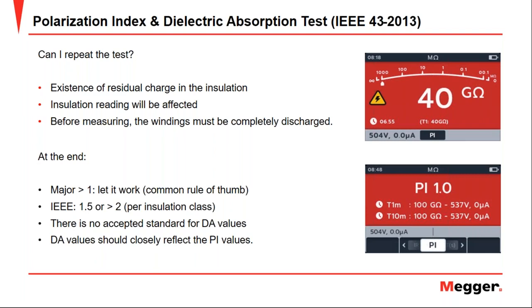Although the standard establishes limits of 1.5 and 2 for the PI, when we get values in the field greater than 1, it is common practice to let the motor work, because it means the insulation was able to be slightly polarized. In the standard, there is no table of minimum values for the DA. However, it is assumed that the DA limits must be very similar to those of the PI.